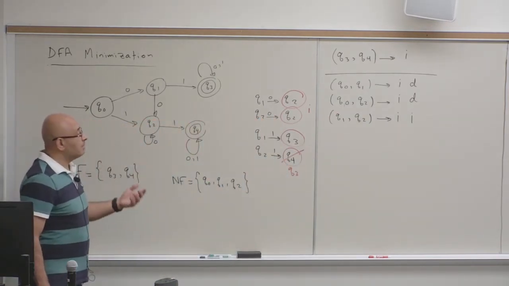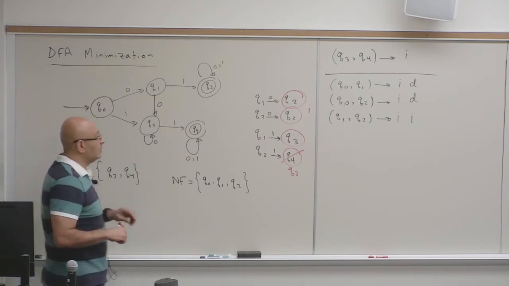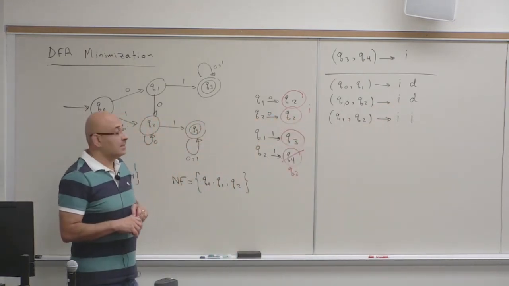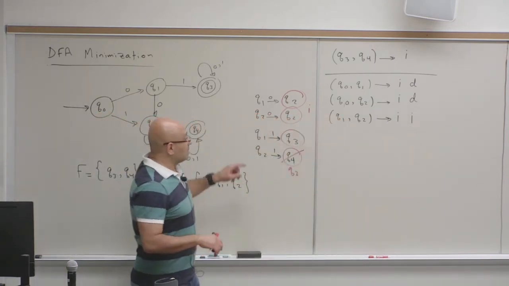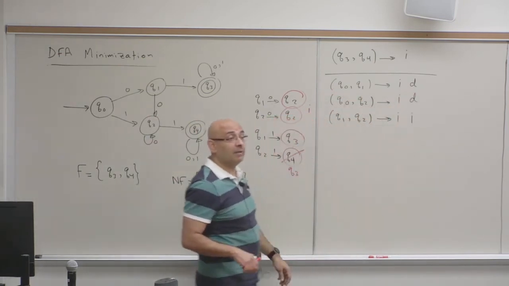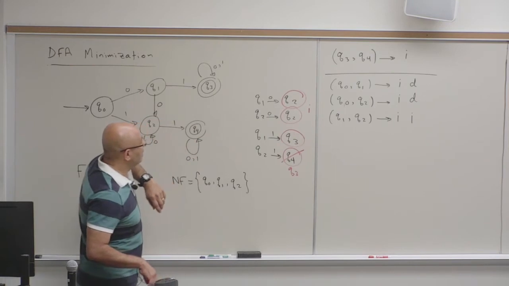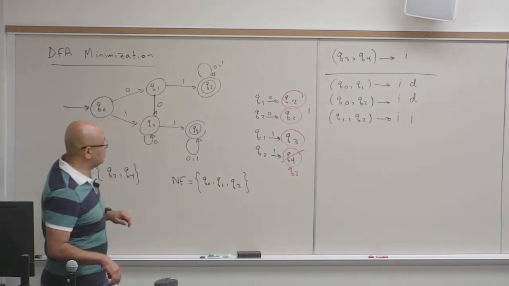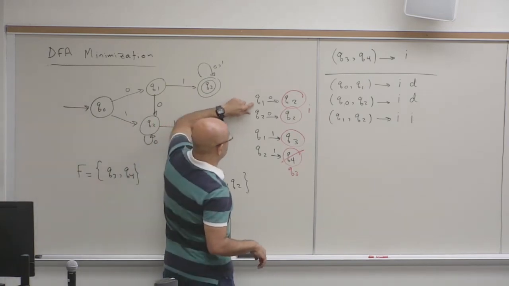Now this algorithm terminates when we can no longer make changes. So I need another pass to make sure that this I will not change to a D, because changing these from I to a D may change this to a D. Now, if I do it again for Q1 and Q2, the relation between Q0 and Q1 and between Q0 and Q2 is not going to change this, because on a 0 it is going to go to Q2, Q2.